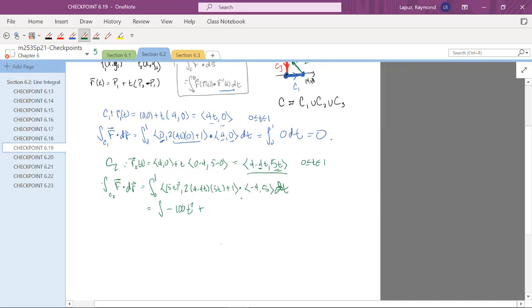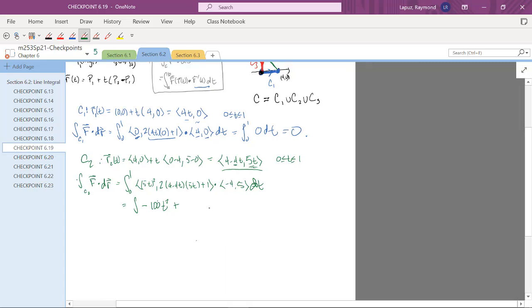That's 10 times 5 is 50 times 4. That would be 200. So there's going to be a constant 200, and there's going to be t minus t squared. So that's the first part, and then we have to add 5 to this.